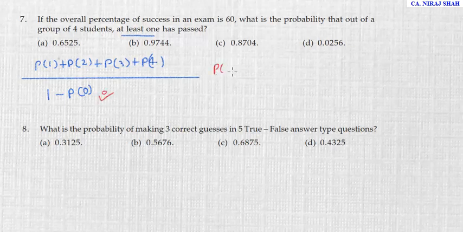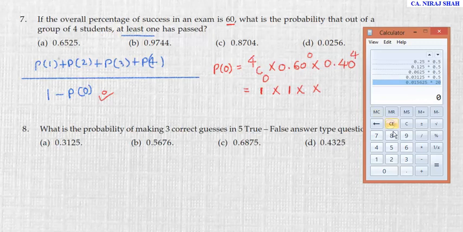Let's find out P0 here, which is nCx. So 4C0 into p is 60%, so it is 0.60 raised to 0, and q is 0.40 raised to 4. 4C0 is 1, into 0.60 raised to 0 is also 1, into 0.4 raised to 4.